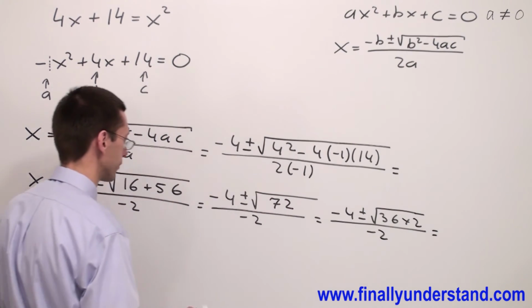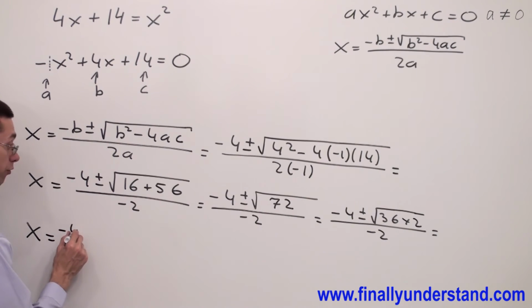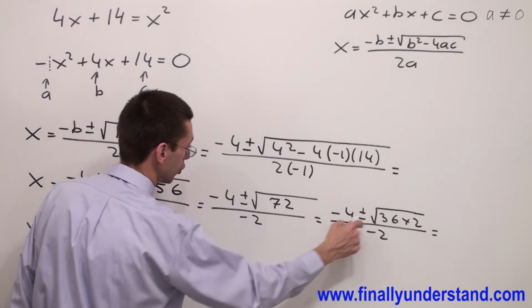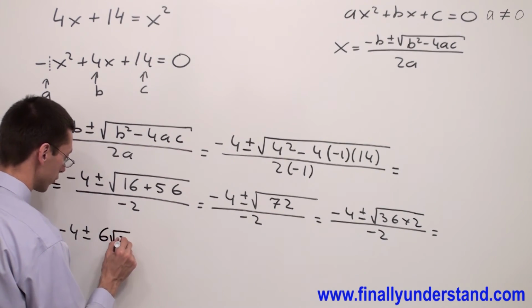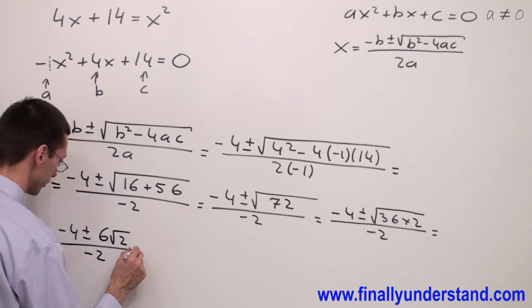This is equal to x equals negative 4 plus minus square root of 36, which is 6, square root of 2 over negative 2.